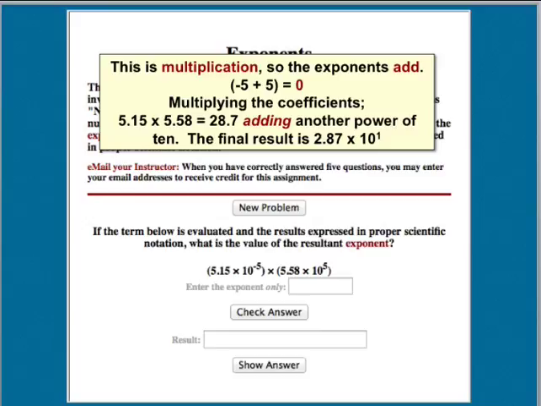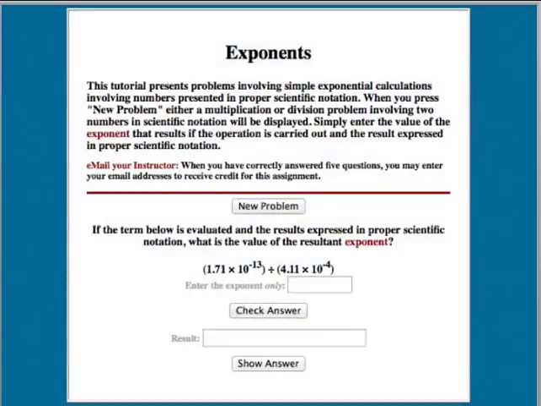Therefore, the final result, exponent only, is going to be this, and that's correct. So go ahead and try one on your own. 1.71 times 10 to the minus 13 divided by 4.11 times 10 to the minus 2.